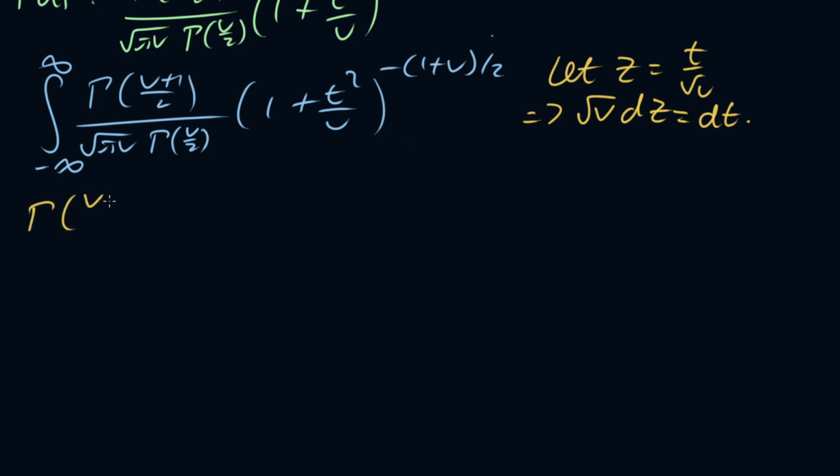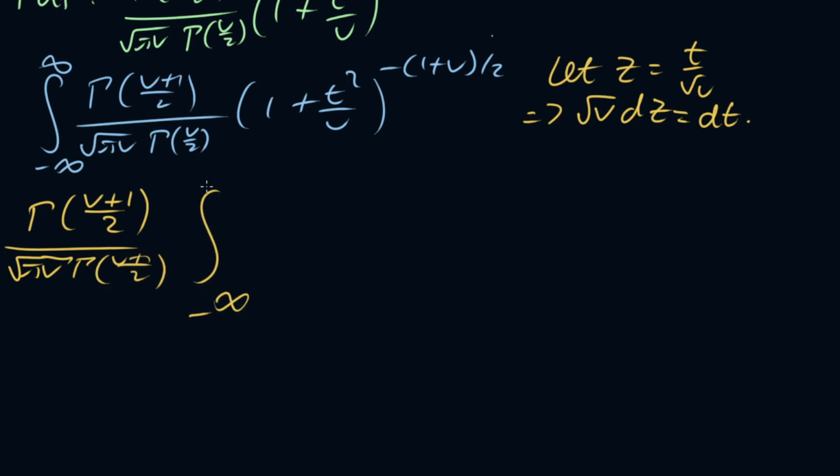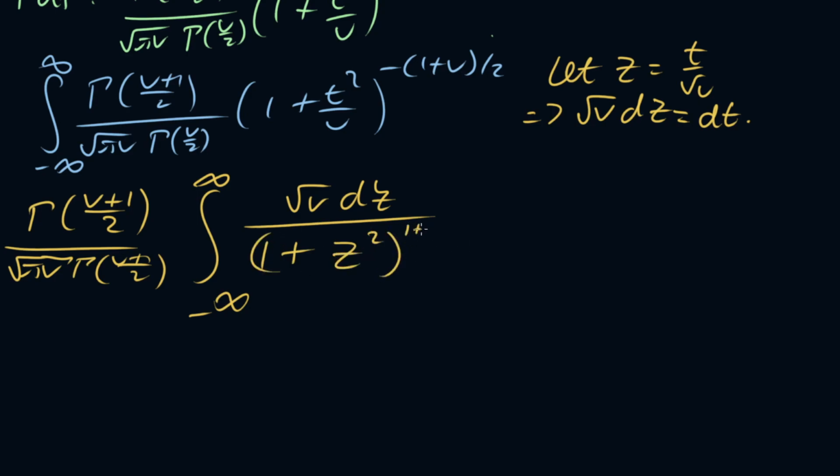So let's transform this integral. We get gamma of (v plus 1) over 2 over root pi v gamma of v over 2, and then we integrate root v dz over (1 plus z squared) to the (1 plus v) over 2.